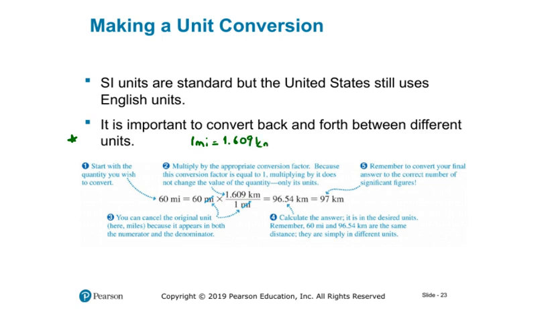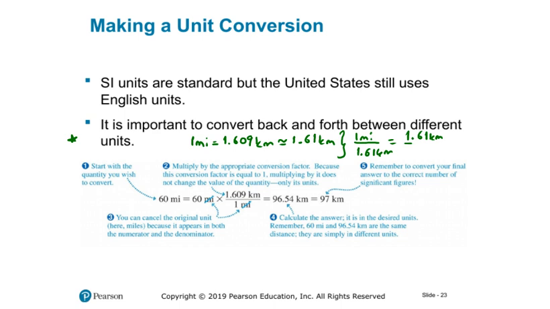And this page nicely summarizes what we do. We are converting from miles to kilometers here. 1 mile equals 1.609 kilometers. We can approximate this to 1.61 kilometers. I like using 2 decimals. But anyways, they use the full, more precise version of it.